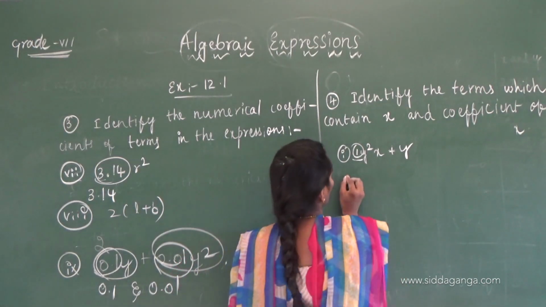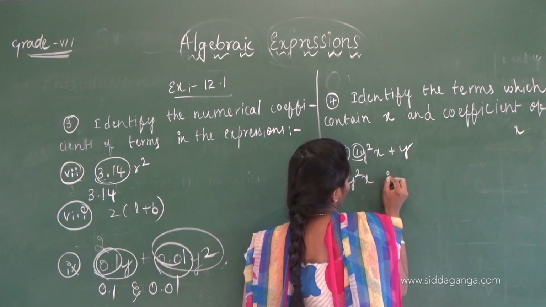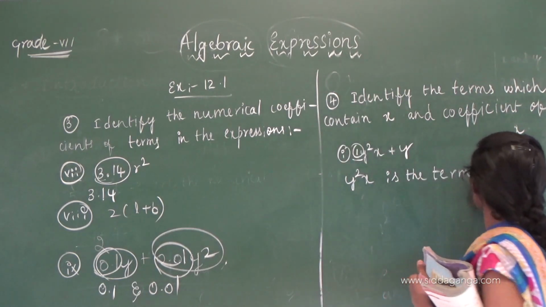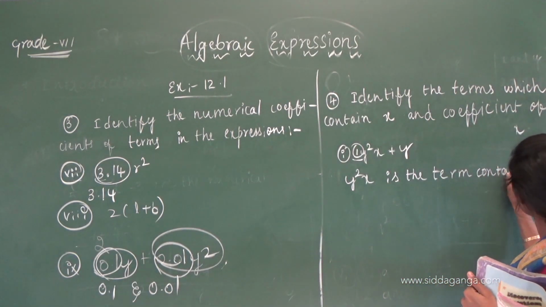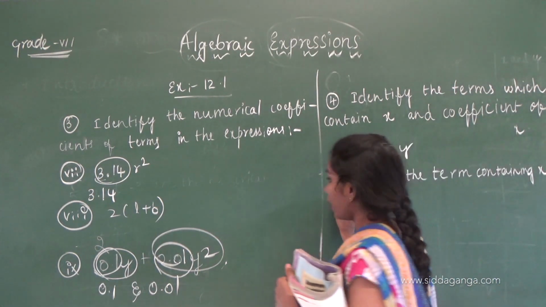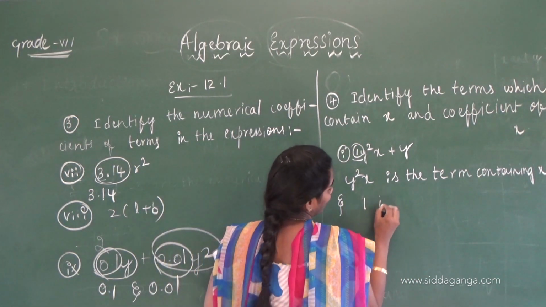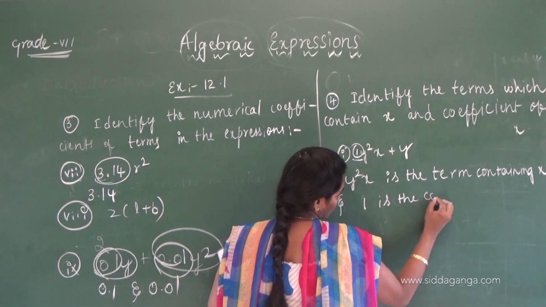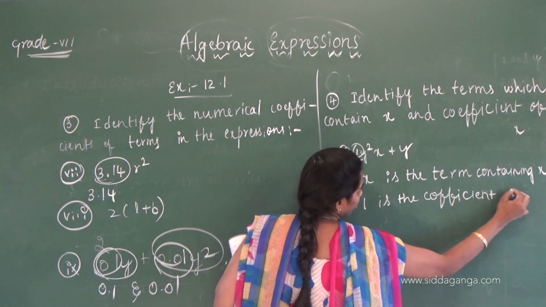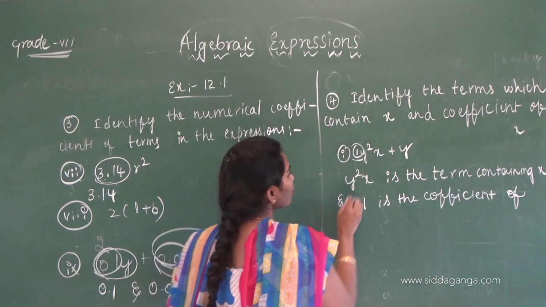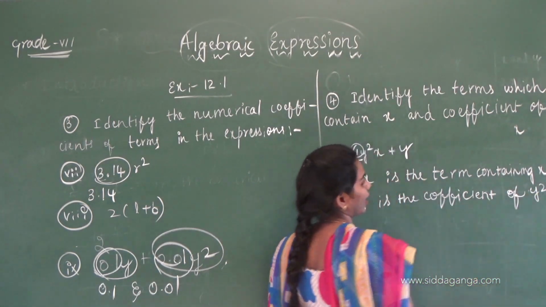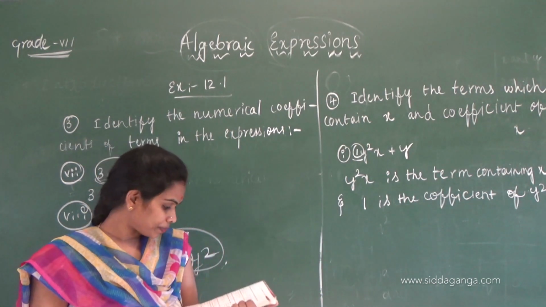Correct? y square x is the term containing x, and 1 is the coefficient of y square x. Okay.